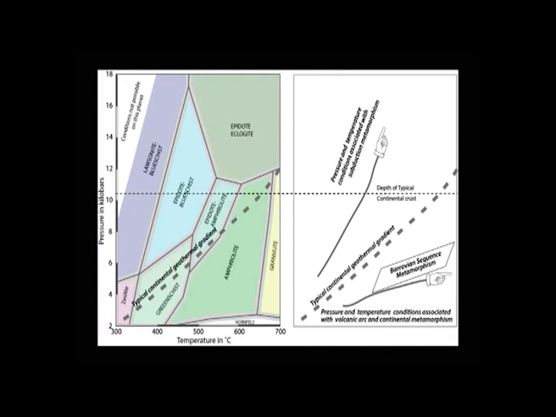Very low grade metamorphism occurs below 200 degrees centigrade. It is defined to comprise the temperature-pressure field which is bounded on the low temperature side by the beginning of metamorphism.